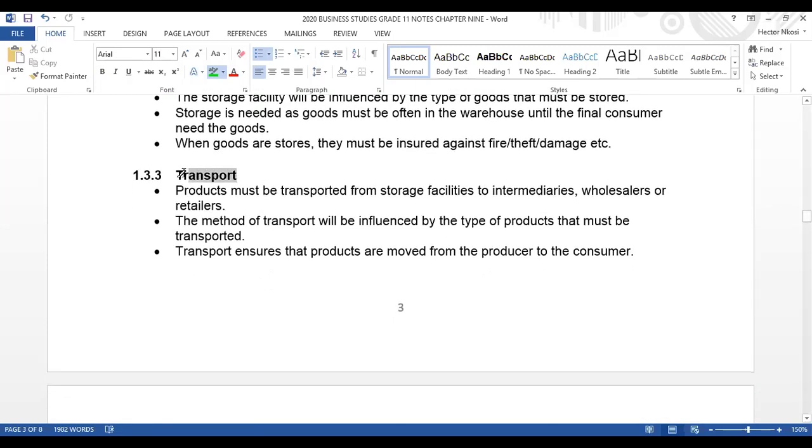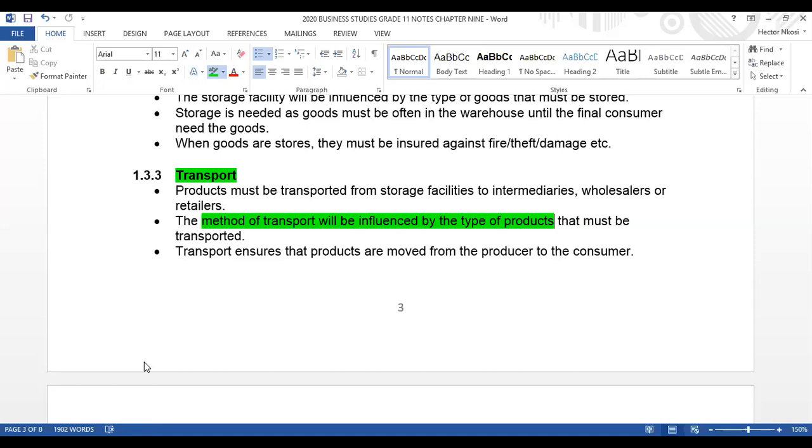You also need what? You need transportation or transport. Products must be transported from your storage facilities to intermediaries, wholesalers, or retailers. The method of transport will be influenced by the type of product that must be transported. Very important: the method of transport will be influenced by the type of products, meaning that obviously some goods need an aeroplane, some goods need your bakkie, some goods can be delivered in a normal car, a four-door car.